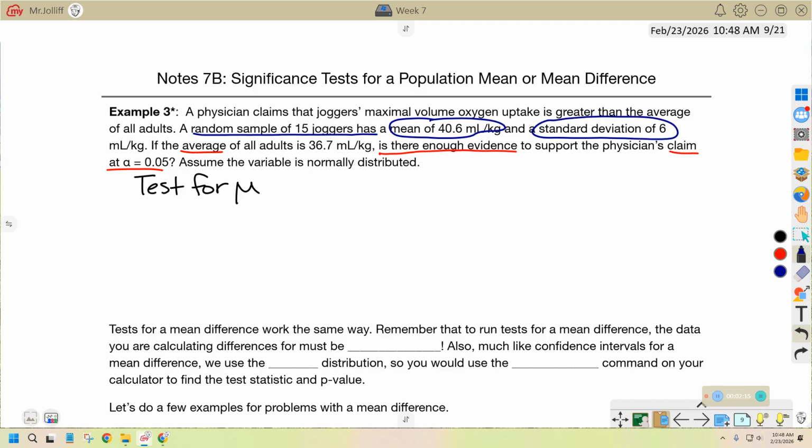Both of those values come after the 15 joggers have. It's in the same sentence with the sample data, so they have given me a sample standard deviation. This value here is an s_x. This is an x bar. If I have s_x, which type of test am I doing, Z or T?